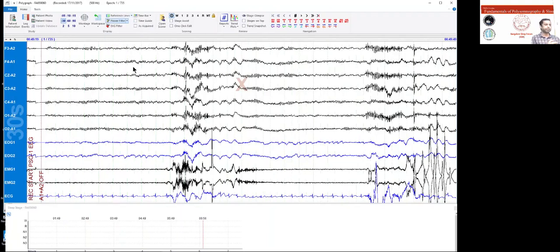You can also do it in 5-second intervals, five seconds, five seconds, up to 30 seconds, and this way you can also count the EEG activity. This X means we have not assigned any stage right now.